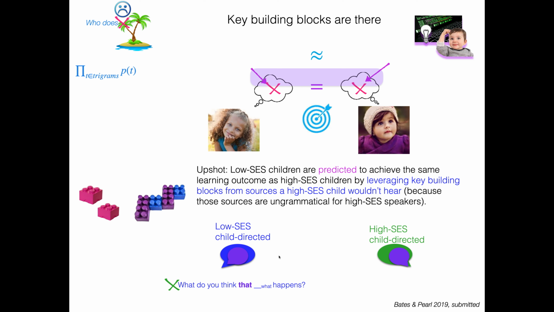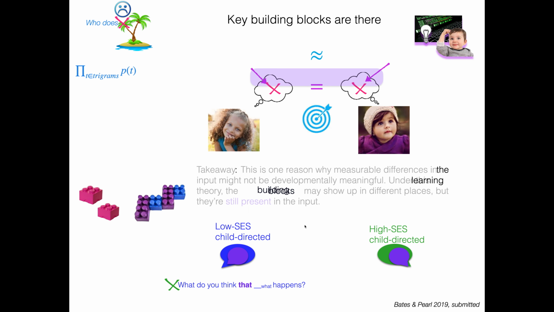And that's the knowledge you need to end up with the correct intuitions about whether and adjunct islands. So this is one reason why measurable differences in the input might not be developmentally meaningful. Under this learning theory, the building blocks may show up in different places, but they're still present in the input, and presence is what you need, and you don't necessarily care where they come from.